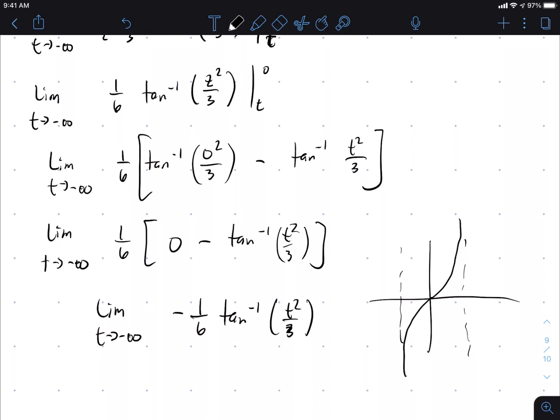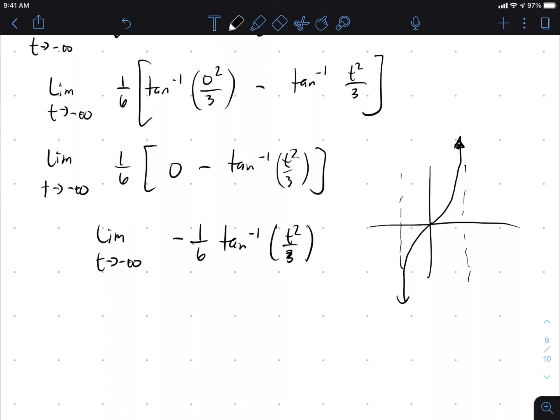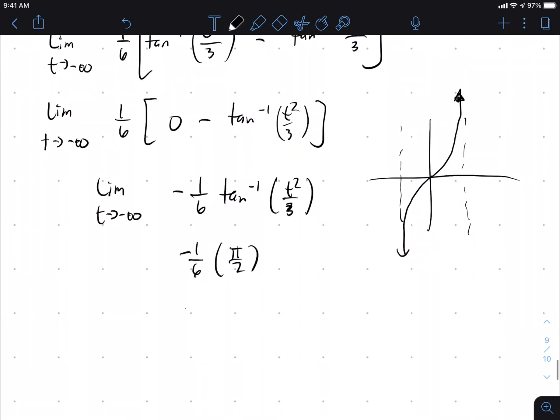When is tangent restricted from negative pi over 2 to pi over 2 positive infinity? At pi over 2. So we get negative 1/6 times pi over 2, which yields a negative pi over 12, and hence a convergence.